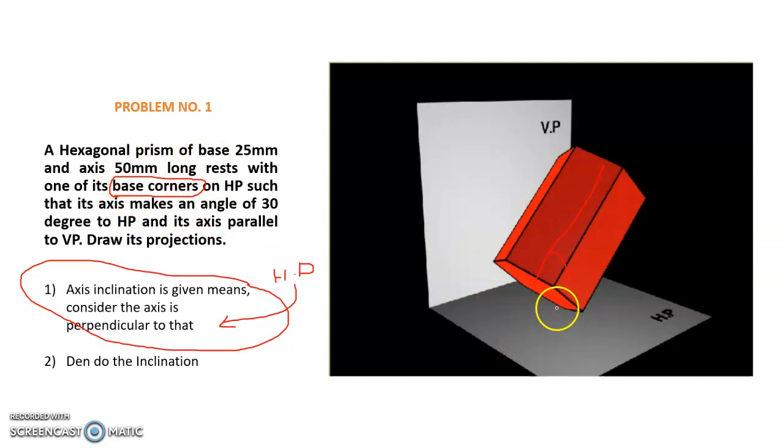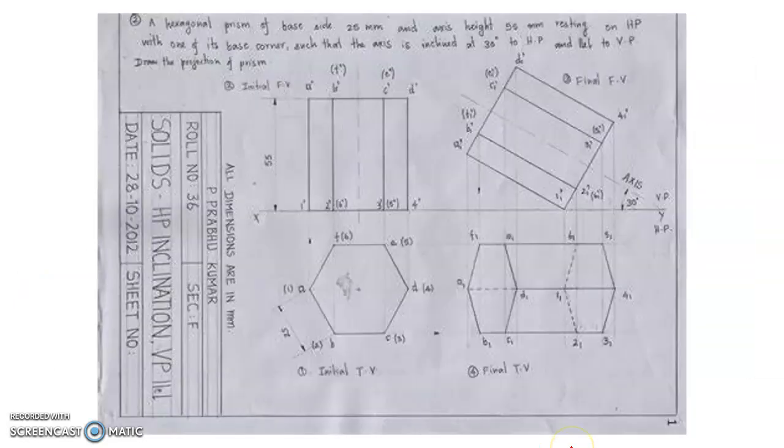That means one point is at this end. Corner means one point, edge means line. So in your top view you will get a hexagon like this. One corner is here, and in the front view you will have a rectangle. So now we are tilting.